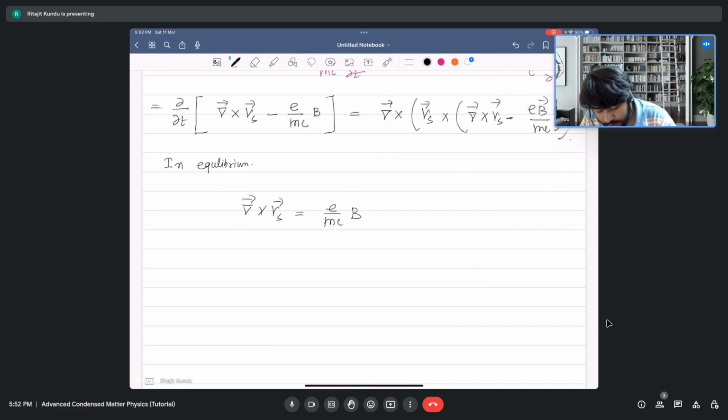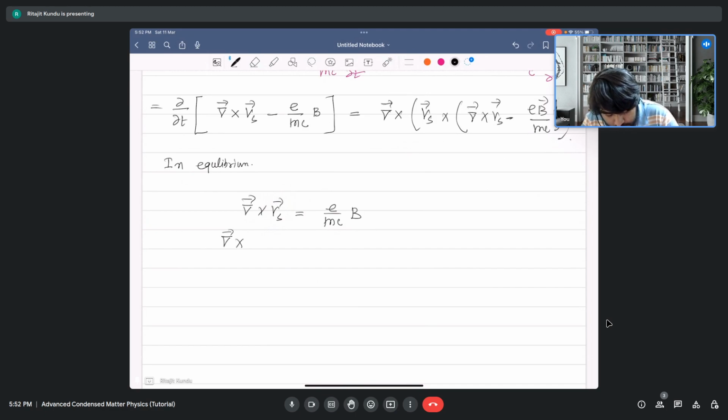Okay, and I can now plug in this Vs. I can multiply by the elementary charge minus E and the density of the superfluid Ns, so then it becomes a current.